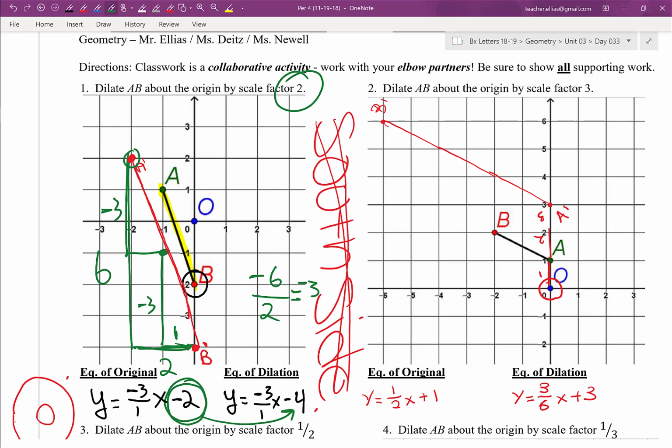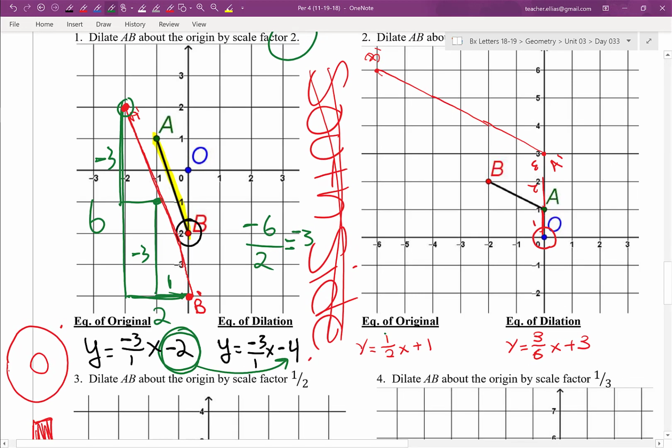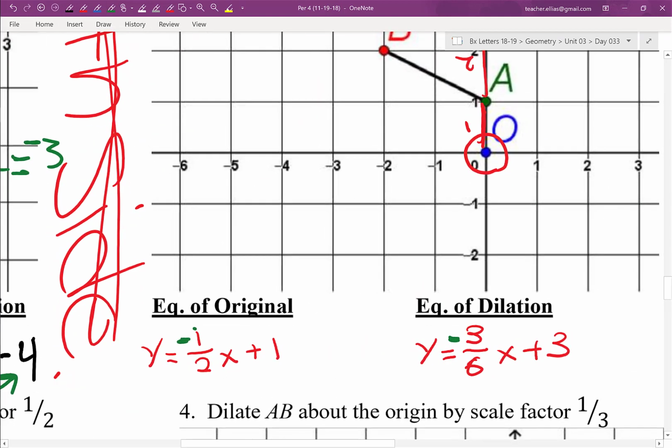So, in number 2, we have the equations. Technically, they're negative. Instead of writing -3 over 6, what does that simplify to? 1/2. How did we go from 1 to 3?